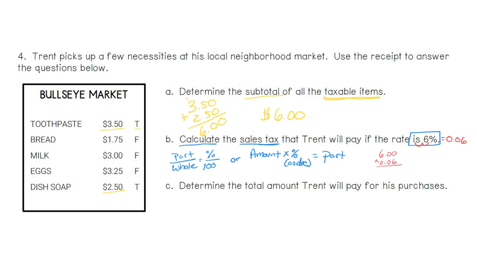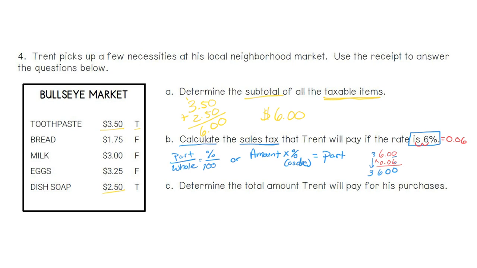So 6 times 0 is 0, 6 times 0 is 0, 6 times 6 gives me 36. Put the 6 down, carry the 3, nothing there to hold it. It goes down. Now, here's the tricky part. I had decimals in my math that I was working, but I did the math as if there weren't any decimals. So now look at the problem.